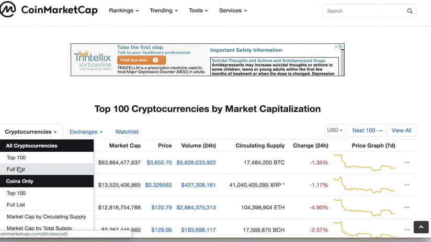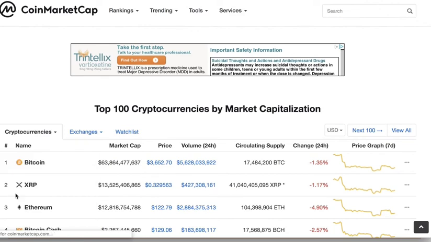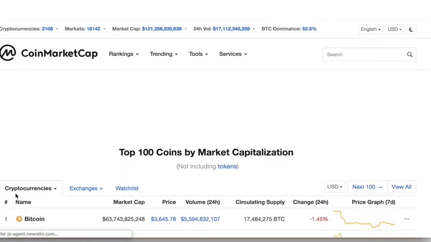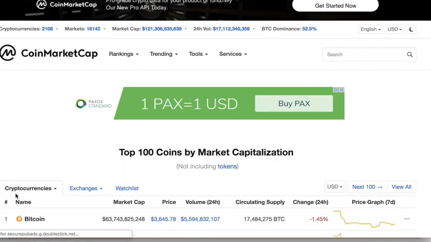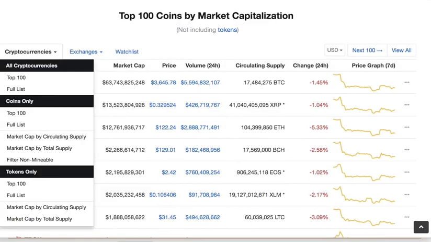Now if you go to the coins only, you will see that CoinMarketCap will list all the crypto assets that have their own blockchains, which they have defined on the website as coins. If you click on tokens only, you will see that all tokens are ranked by their market cap.